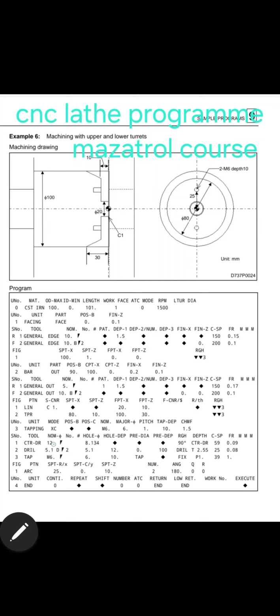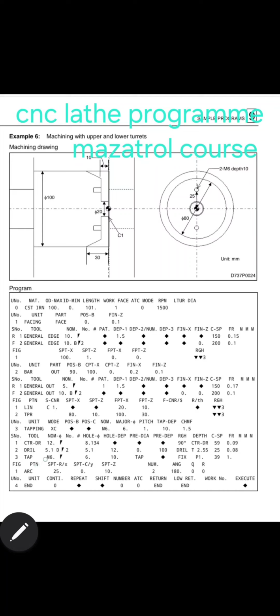Nominating, we use the hole at 8134, 19 degree, and depth center drill, and speed 59, configuration 0.09.